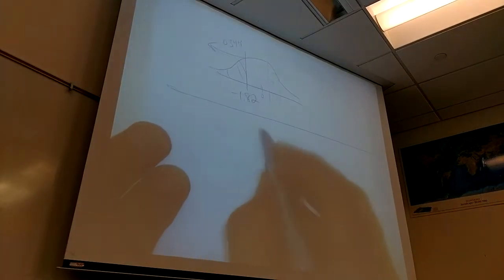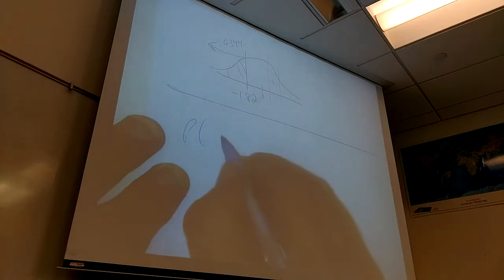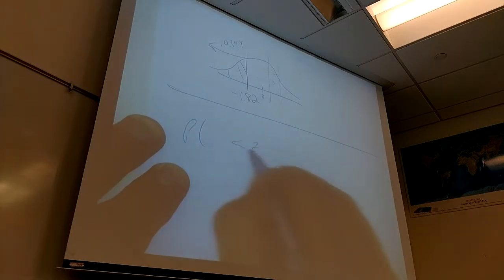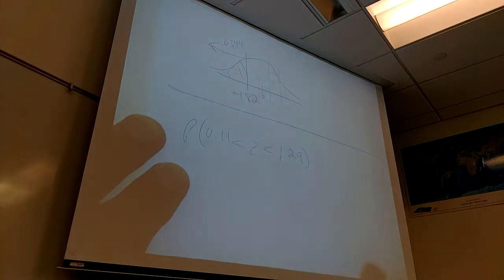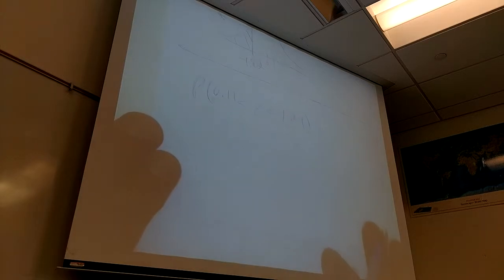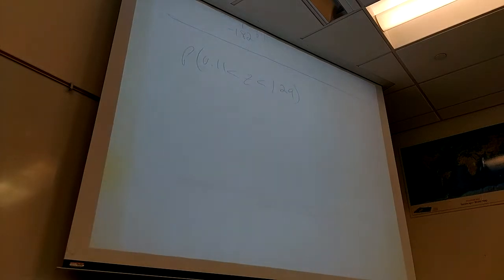So let's try another more involved problem. Just to remind you guys, how do I find the probability that z is between 0.11 and 1.29? So try to draw that and then try to look up those two z-scores.